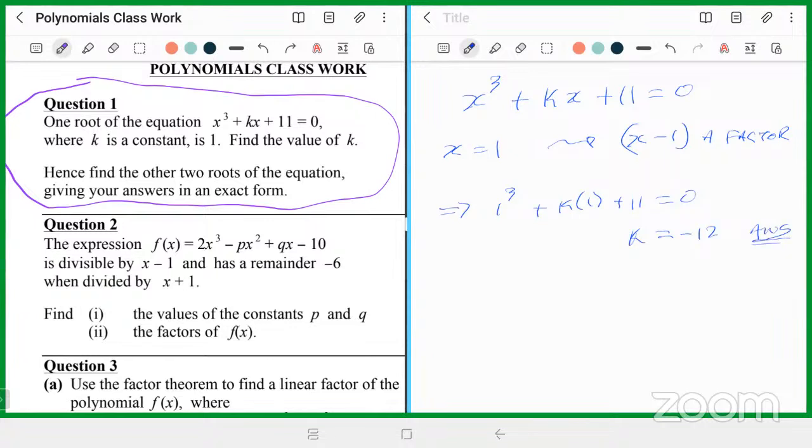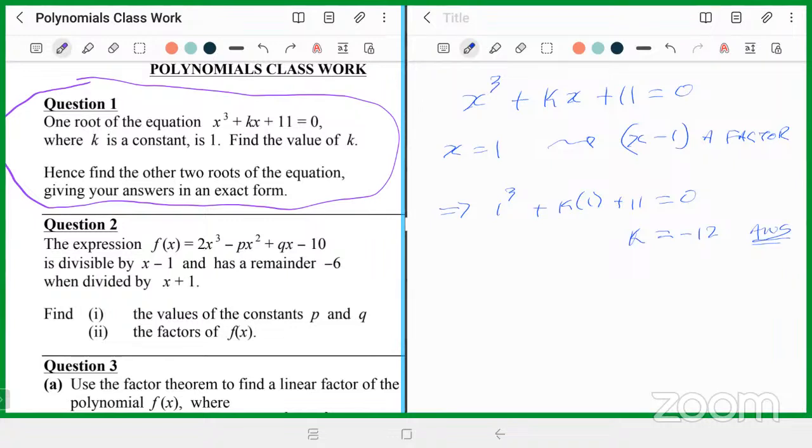It says, hence find the other two roots of the equation. So basically, I want to solve the equation. We already know one factor, so we can use that factor to simplify the equation down, factorize it down, and then we can go through and find the roots.